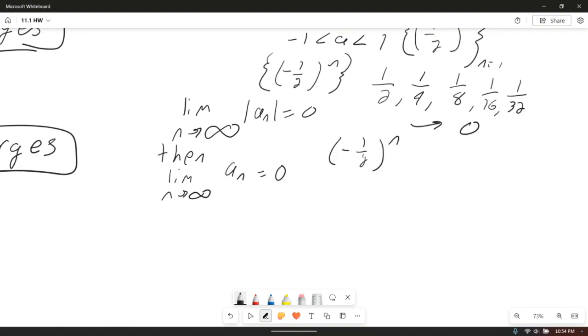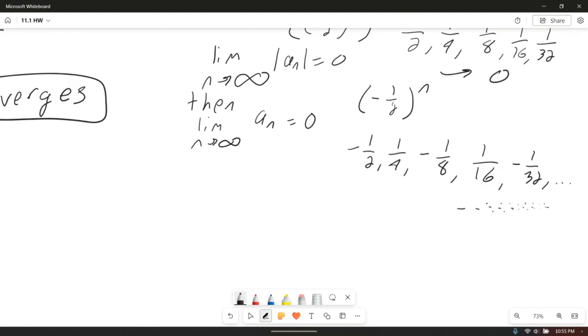So just a^n, right? Let's take that. To the first power, this would be -1/2, second power, 1/4, third power, -1/8, 1/16, -1/32, so on and so forth. These are all getting closer and closer to 0, on either side of it.